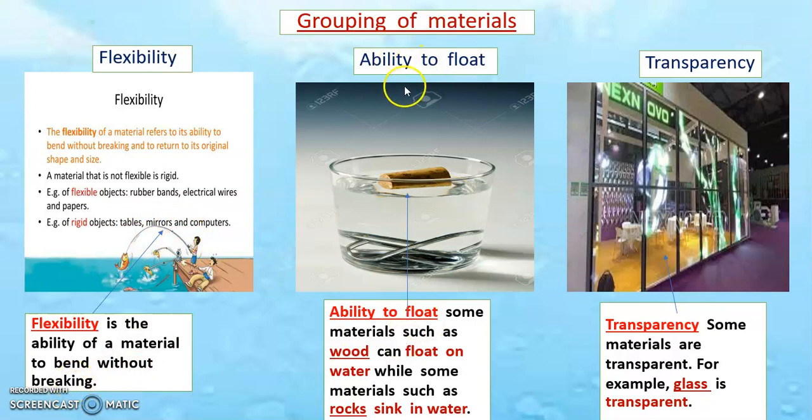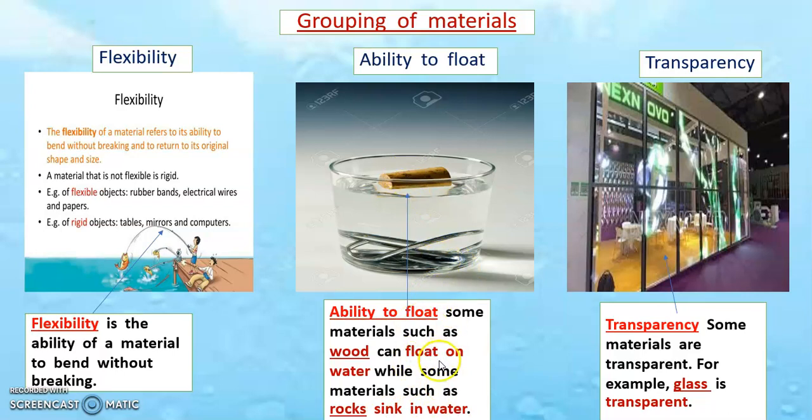Number 5, ability to float. Some materials such as wood can float on water, while some materials such as rocks sink in water.